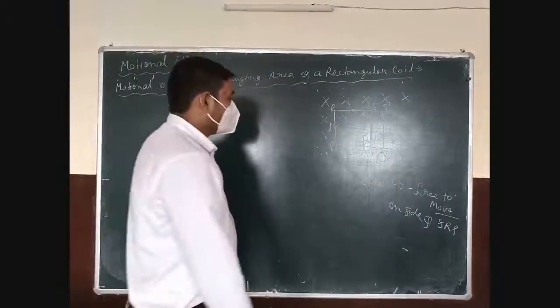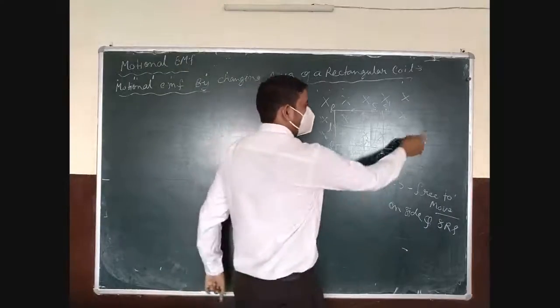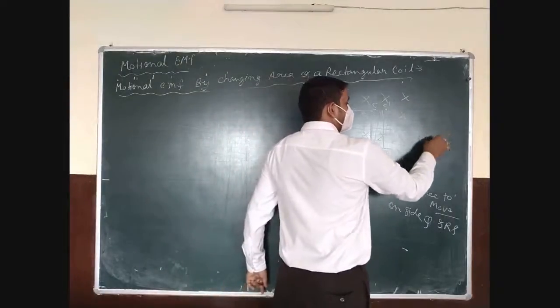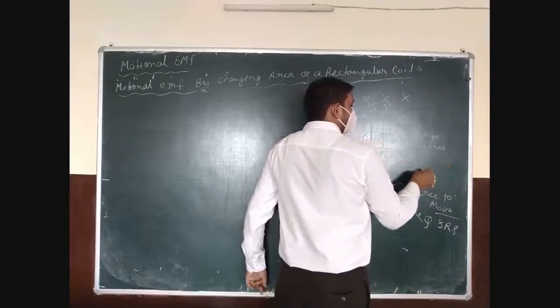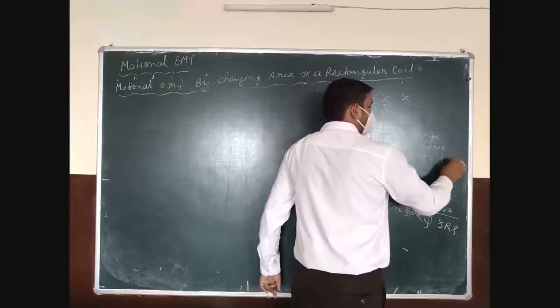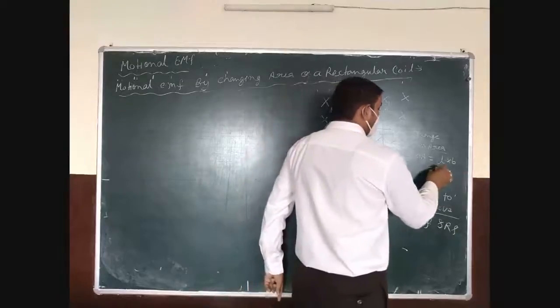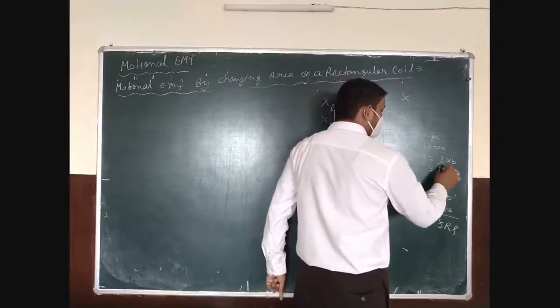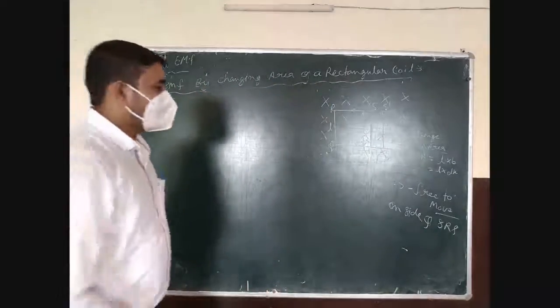Now there is a change in area, delta A, and it is equal to length into breadth. We have length equal to L, and breadth equal to dx. Understood?